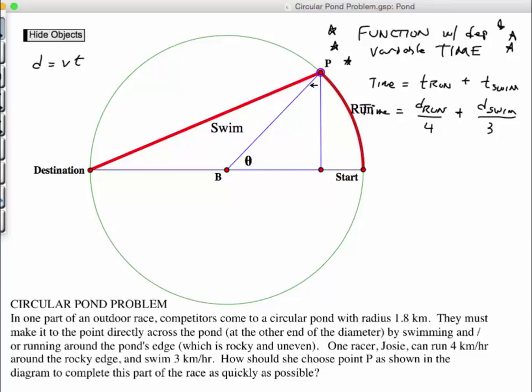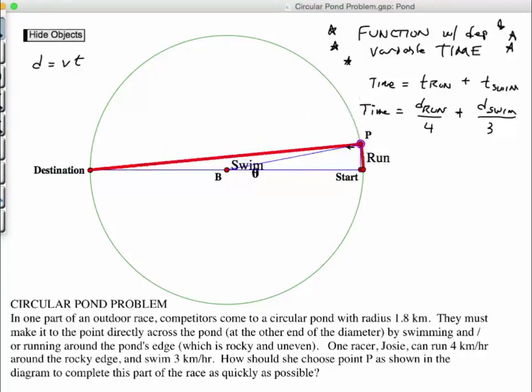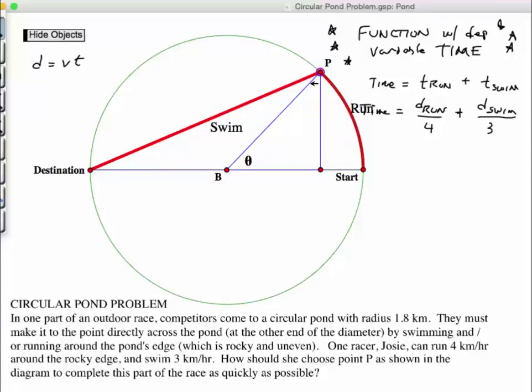Okay, so what is her distance run for an angle theta? Well, it's this arc length, right? And do you remember what we talked about with trig? That arc length, where does theta come from? Theta comes from arc length measured how?